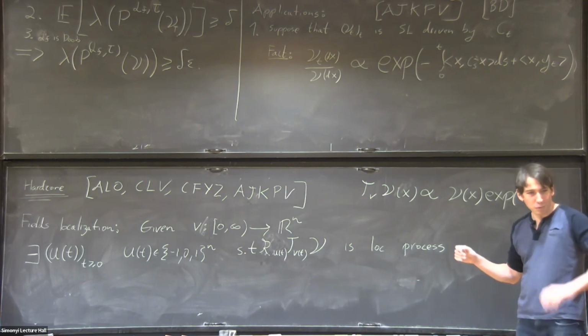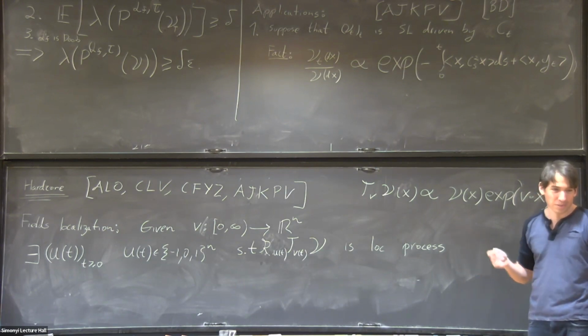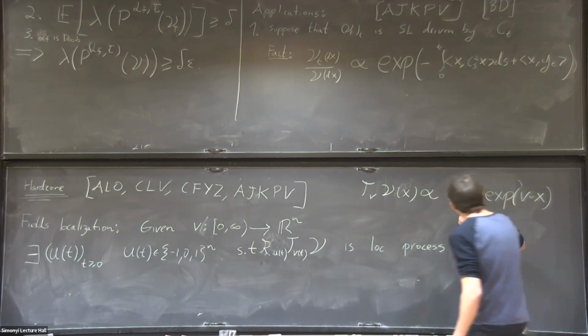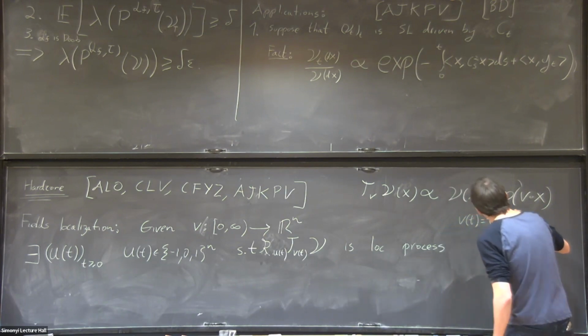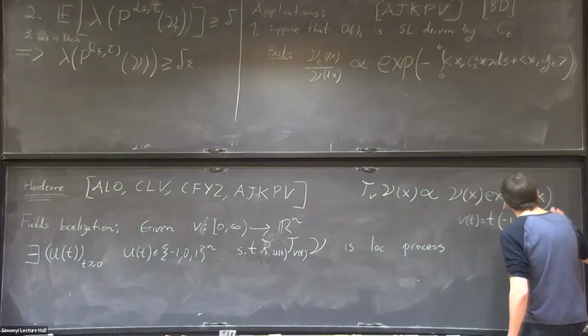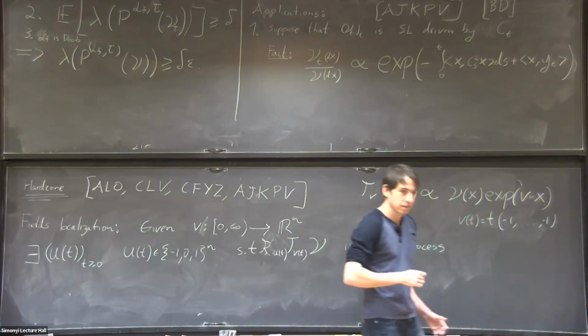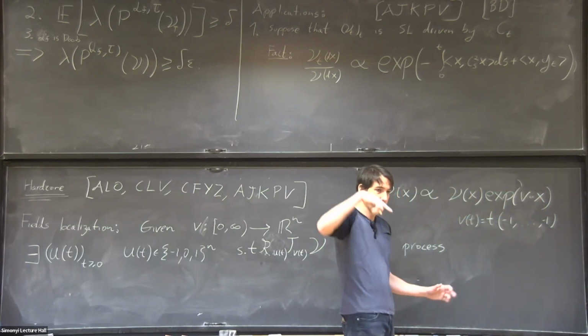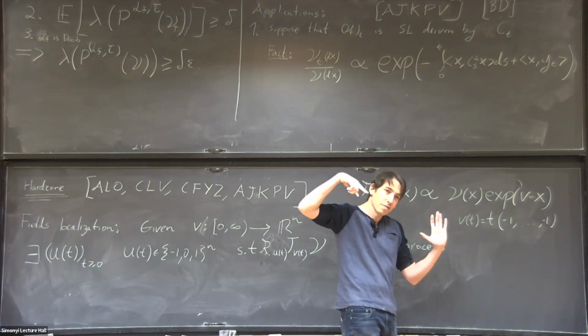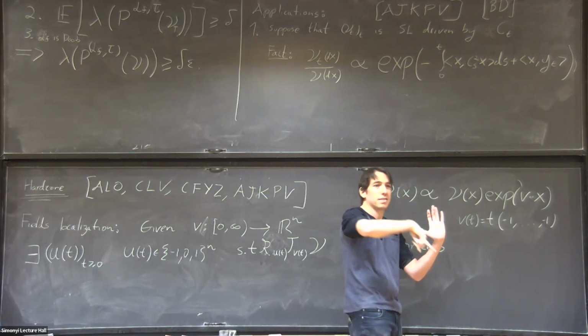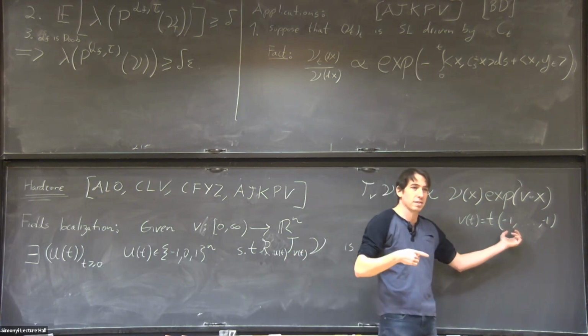So let me give you another example instead of the rotation. Suppose that v of t is just t times the all minus-one vector. So the direction is fixed, and I want things to be tilted. I want the external field.